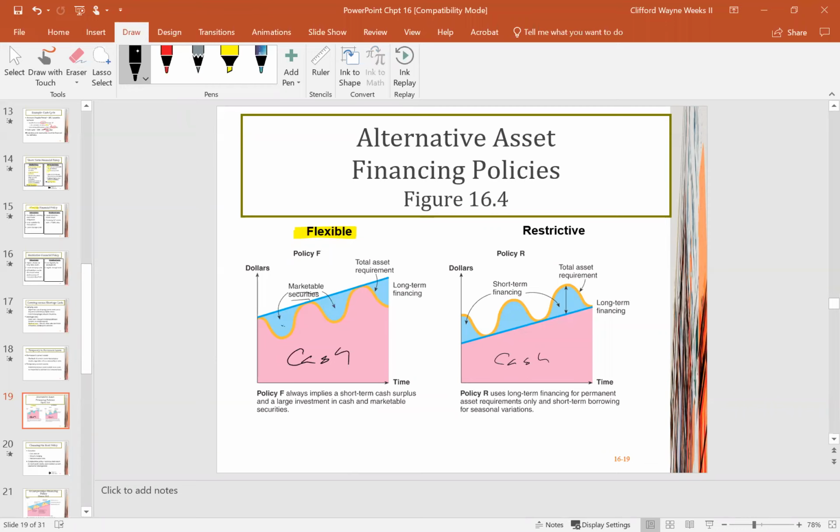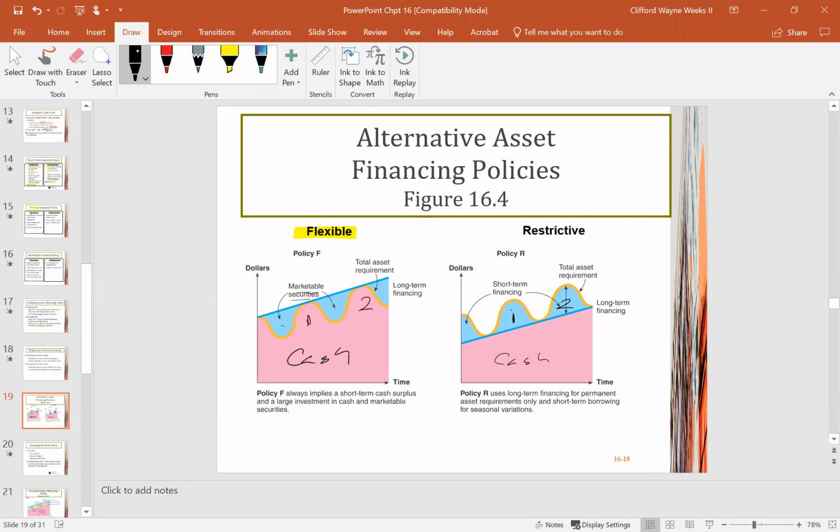Over here, when we need more cash, this corresponds. So this is hump 1 and this is hump 1, and this is hump 2 and hump 2. And so, the two different methodologies: let's have a lot of cash on hand, and this one, not as much cash on hand, but when we have a higher demand, we go out and borrow.